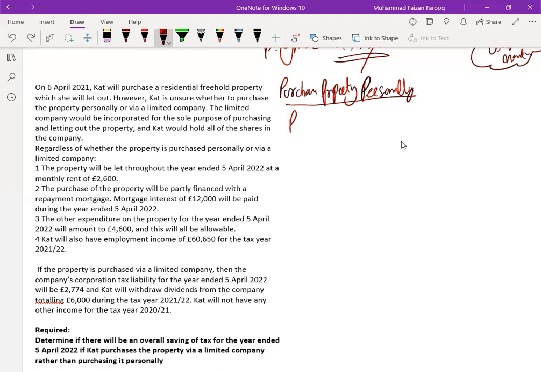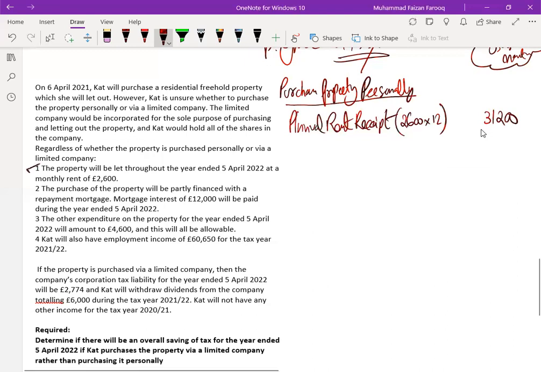There is nothing mentioned, so it's cash basis. How much will the annual rent receipt be? 2,600 pounds per month, which is 31,200.